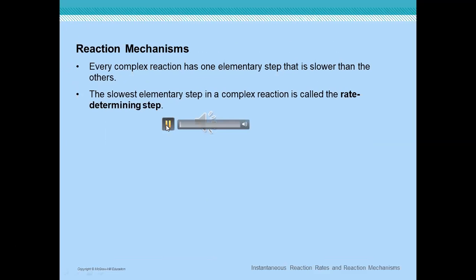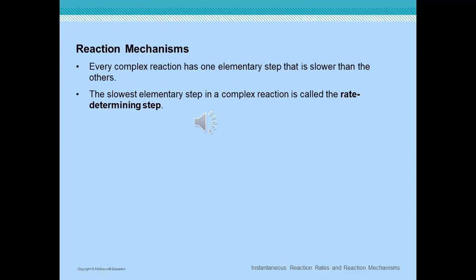Listen, please. Every complex reaction has one elementary step that is slower than the others. The slowest elementary step in a complex reaction is called the rate-determining step. So what is the meaning of rate-determining step? Every complex reaction has one elementary step that's slower than the others, and the slowest elementary step in a complex reaction is called the rate-determining step.